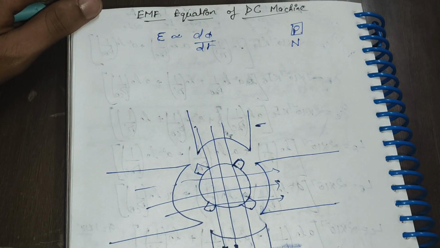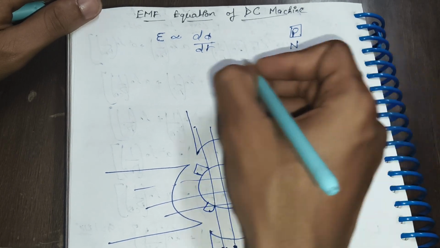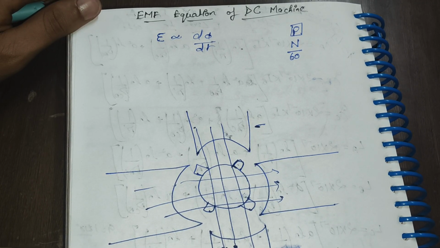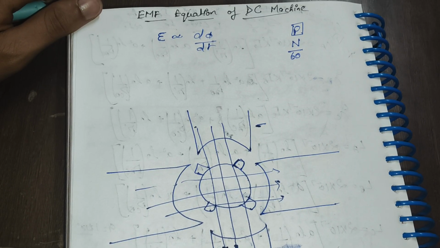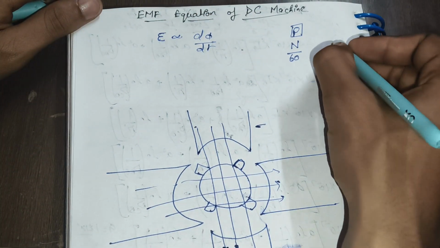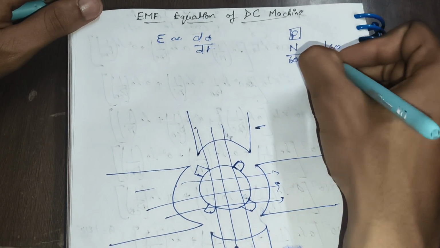A minute has 60 seconds, so the number of rotations made in a second is n upon 60, and the time taken to complete one rotation is 60 upon n.